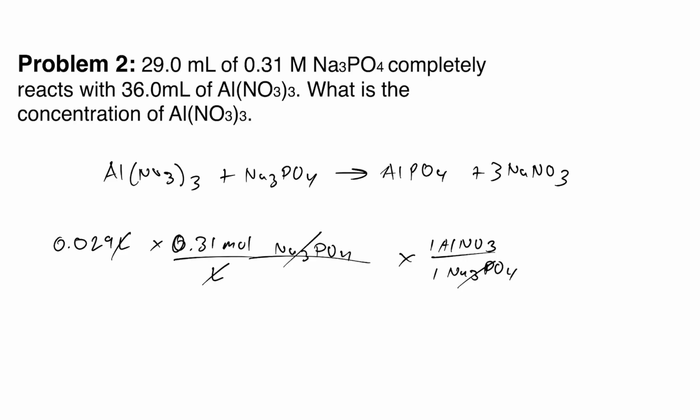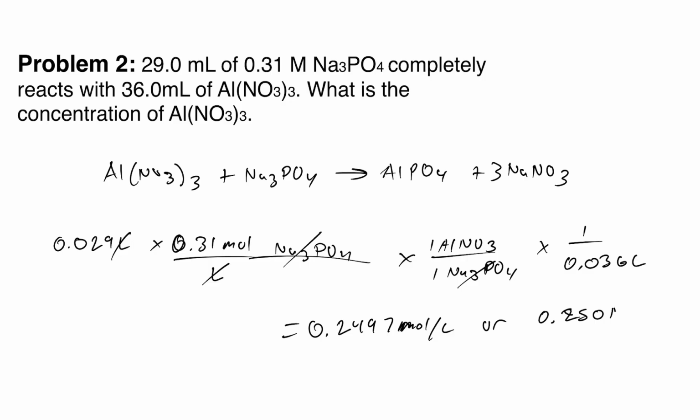Now from here, we want to get a concentration, so we're going to divide by liters and we're going to convert 36 milliliters to liters and then divide by it, so times 1 over 0.036 liters. And we're going to be left with moles on top and liters on the bottom, which is our concentration. And when you plug all this into a calculator, you get 0.2497 moles per liter, or 0.250 moles per liter.